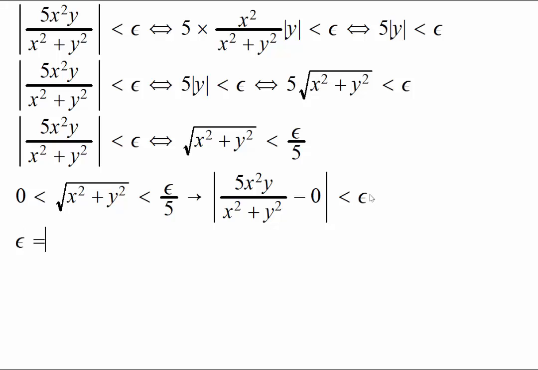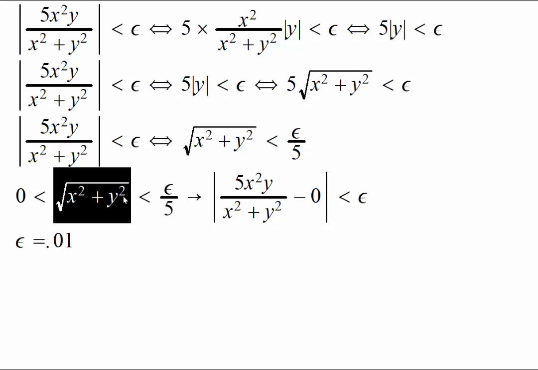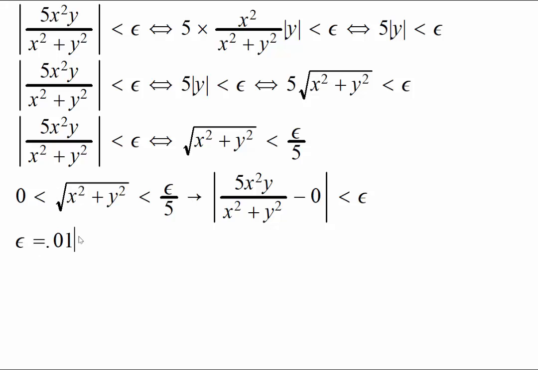So what we are going to see is that if the square root of x squared plus y squared is less than a fifth of epsilon equals 0.01, then this condition will be satisfied. I hope you are still with me, okay? Because here you have a luxury that you don't have in class. That is, you can just set a stop on me. All right, so this is what we got here.